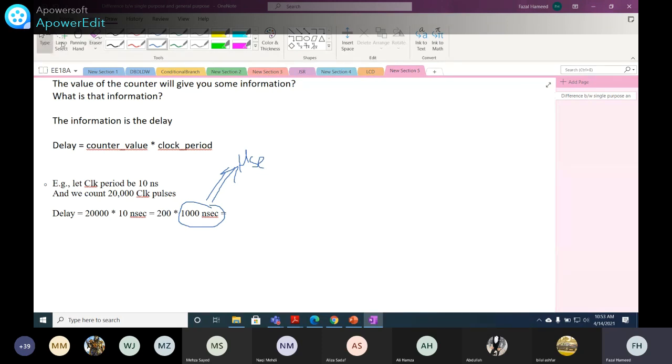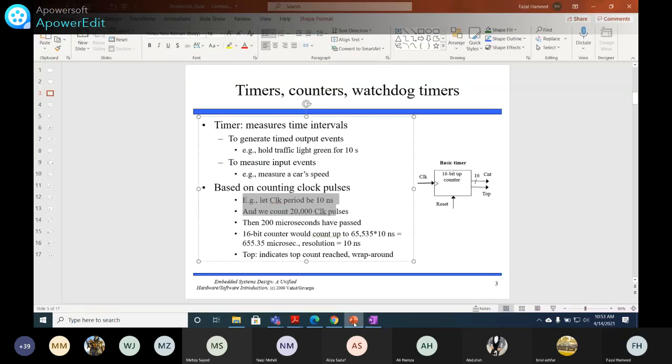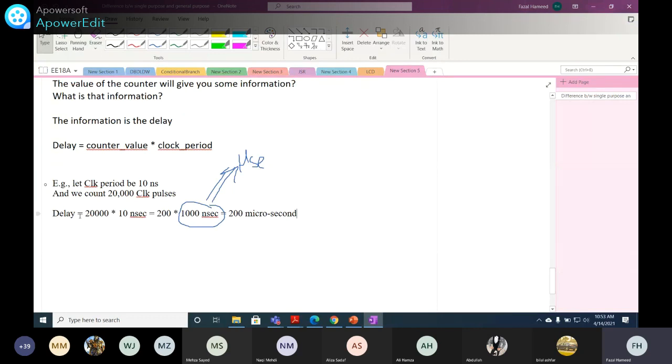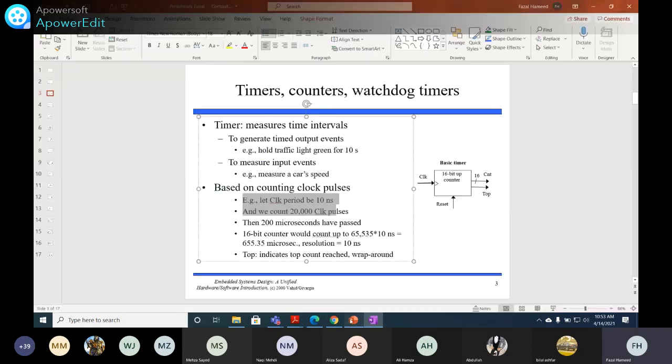So this is equal to 200. Am I right or not? So then 200 microsecond has passed. So now the calculation behind this: the delay will be equal to the count value multiplied by the clock period. This will be equal to 200 multiplied by 1000 nanosecond, and 1000 nanosecond is equal to 1 microsecond. So it will give you a delay of 200 microsecond.